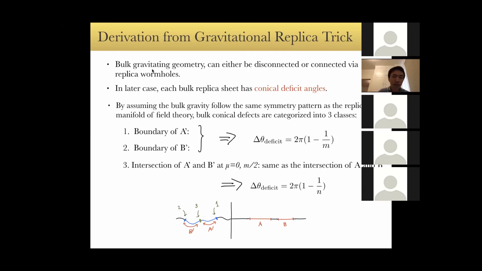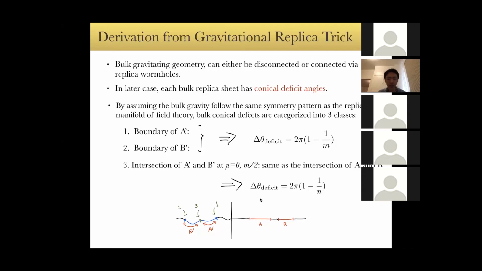One is the boundary of A prime, and the second is the boundary of B prime, which end up with conical deficit angles which depend on them. And the third type is the intersection of A prime and B prime.